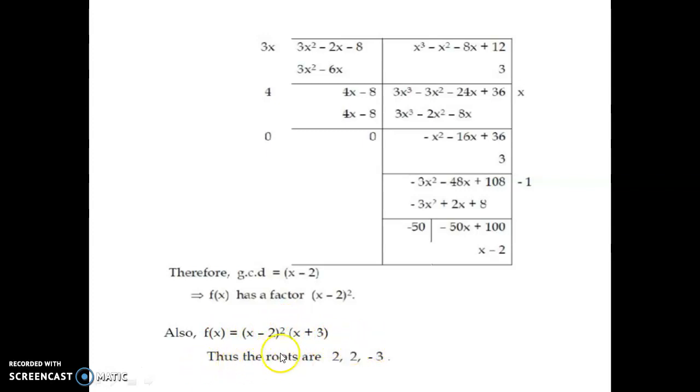Then as in the previous form, the roots are 2, 2 and minus 3. So this is the division process. From that division process you can find the GCD of the given polynomial function and its derivative.